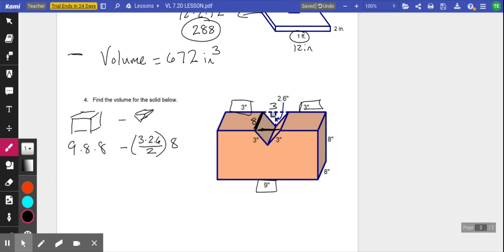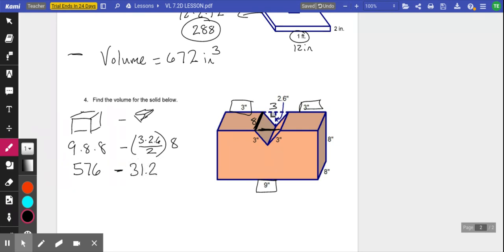Okay, so now multiply my numbers. For my rectangular prism, 9 times 8 times 8, I have 576. And then I'm going to subtract off the triangular prism because I counted it when it didn't really exist. I get 31.2.